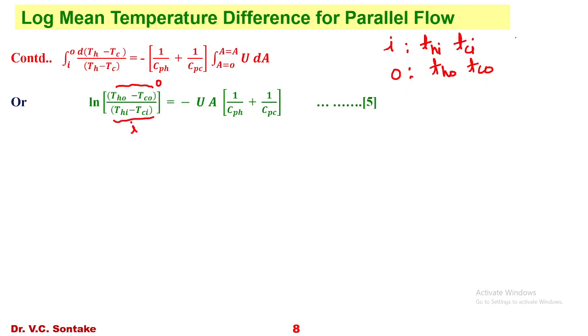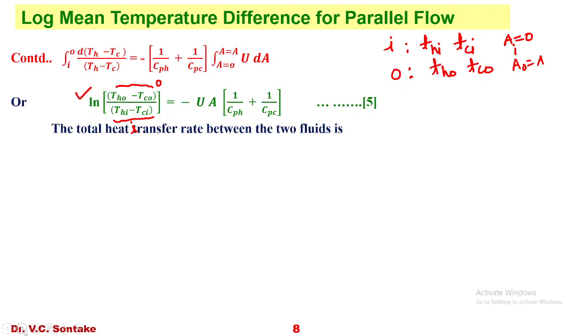Similarly, in terms of area, at the inlet the heat exchanger area is 0 and at the outlet the heat exchanger area is A. So after putting these boundary conditions in the left hand side and right hand side of the expression, I will be getting this expression. Let us say this is equation number 5.